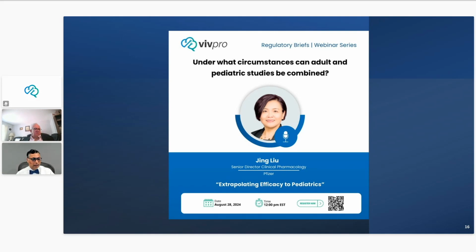I have seen some of the questions are about pediatrics, and also there is a great push to having pediatrics approved sooner than later from a public health perspective. So this topic is timely, and we would hope to see you again on August 28th at noon.